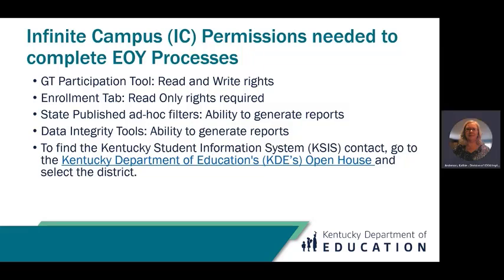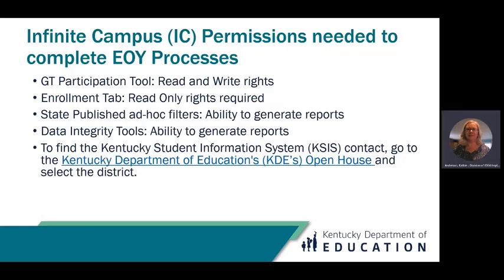If you need these permissions, please contact your Kentucky Student Information System contact, CASIS contact. Some districts are cautious in giving rights to multiple sections of Infinite Campus for several reasons, but they are the person to check with if you would like permissions or rights for certain tools in Infinite Campus.